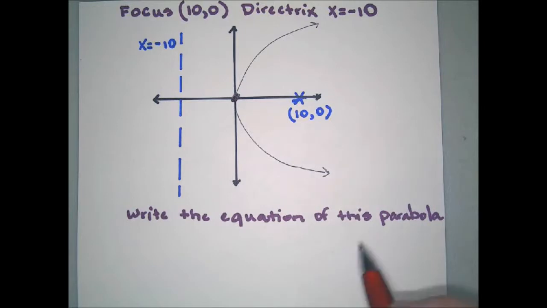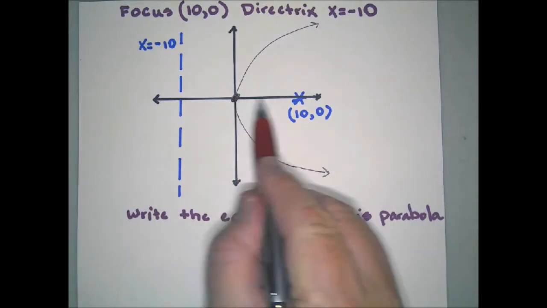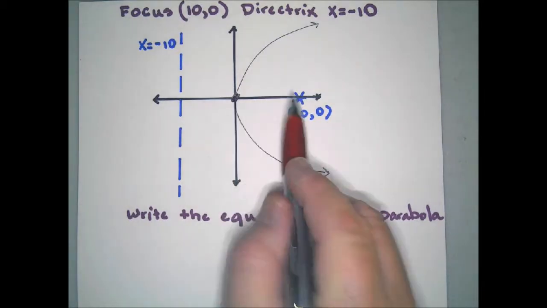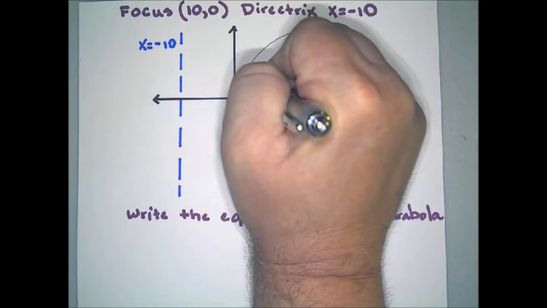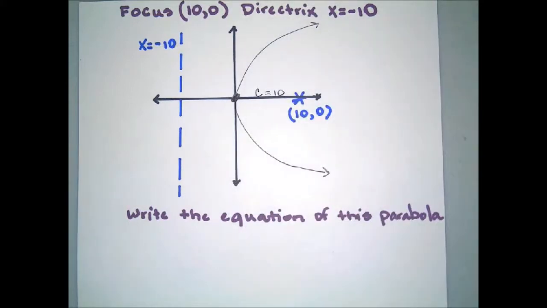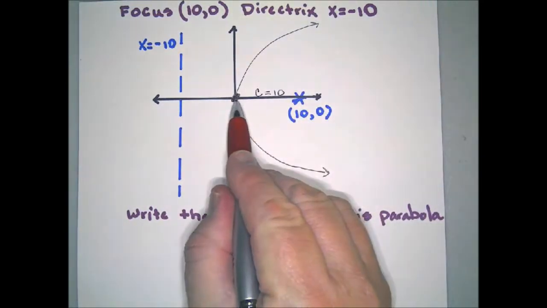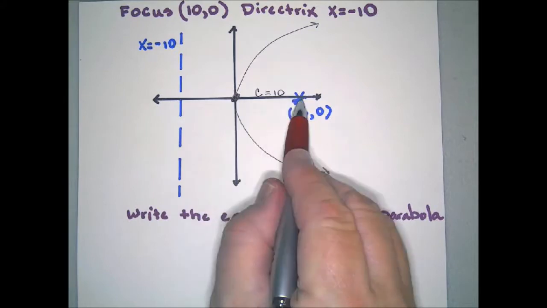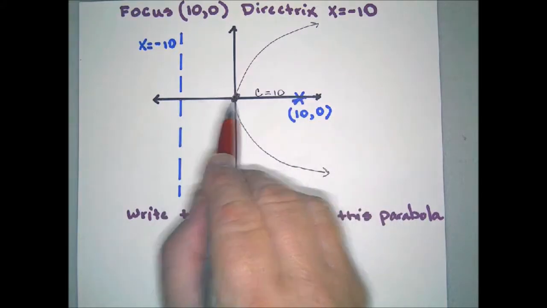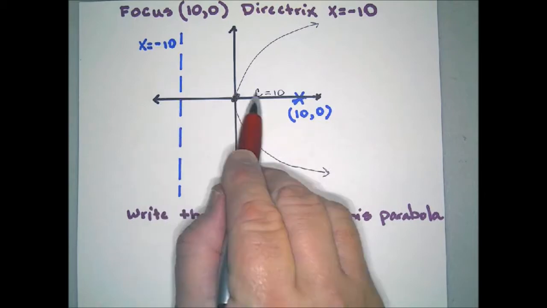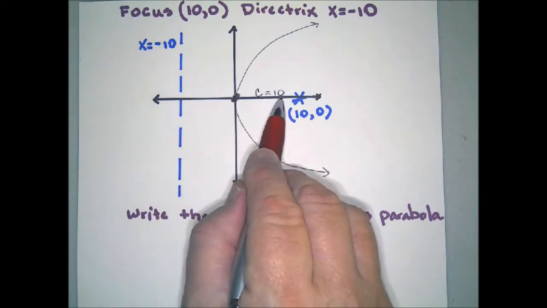Now, what we're going to do is use this relationship right here, knowing that c equals 10. The distance from the vertex to the focus is the same thing as the distance from the vertex to the directrix, so c equals 10.